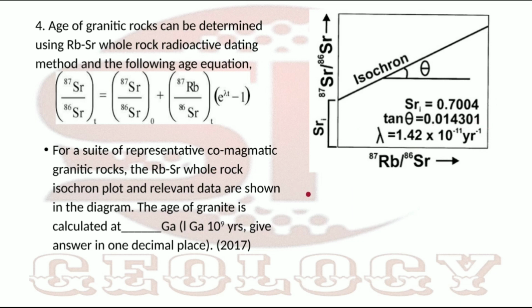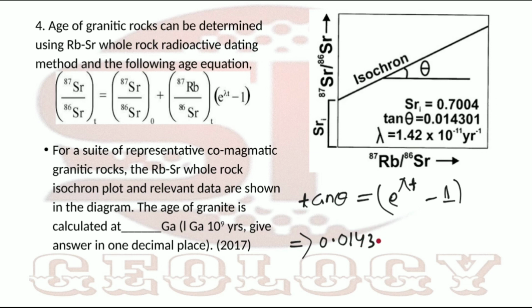So for the isochron method, tan theta is equal to e to the power lambda t minus 1. We are given 0.014301 as tan theta.